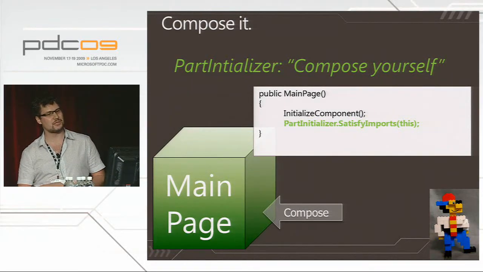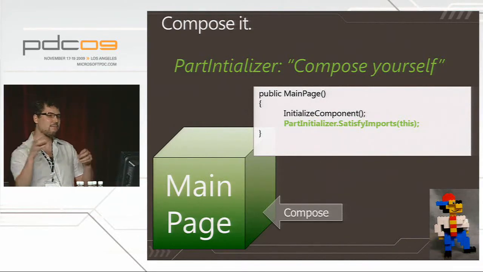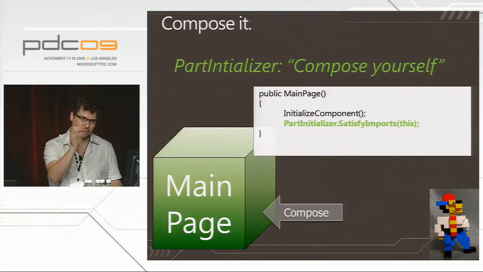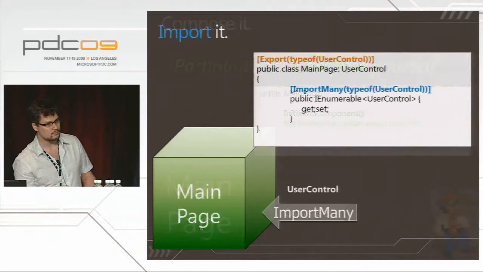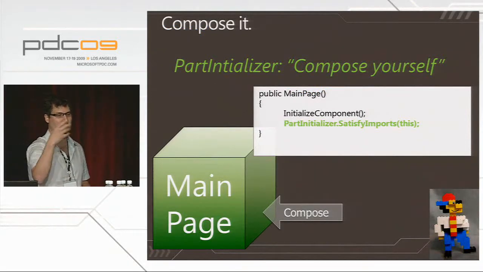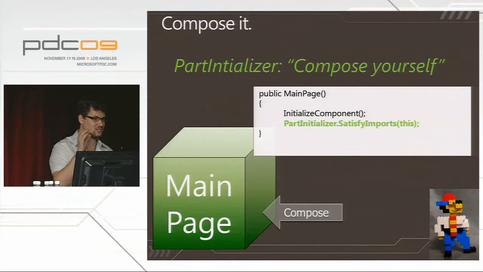So what we've introduced is a concept called part initialization. What that allows me to do is at any point within my app when I suddenly need imports, I just put them on the class, in this case the main page, which we saw before. And then in the constructor or in the load event, I call PartInitializer.SatisfyImports. That's all I have to do.